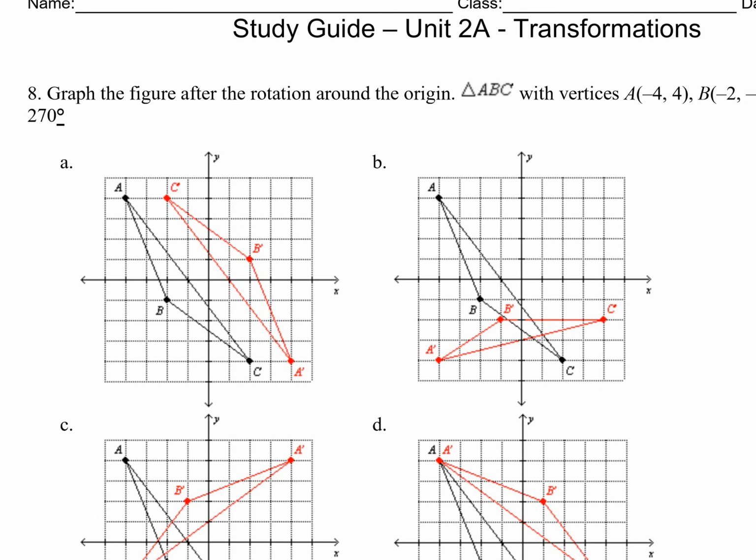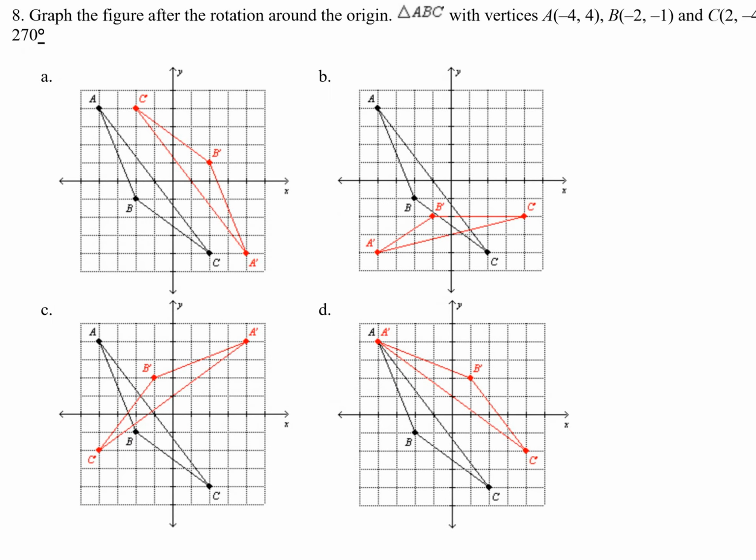All right, graph the figure after the rotation around the origin with the vertices of 270. Okay, so we're doing a rotation of 270 degrees basically. So I might just take a glance and see which one looks like it's been rotated 270. We're starting with the black image and going to red.